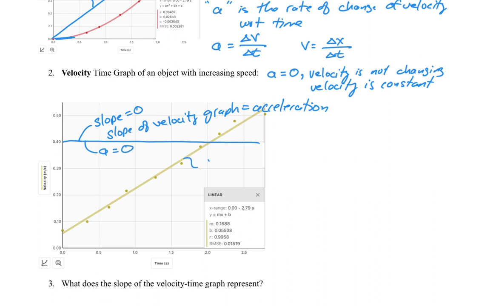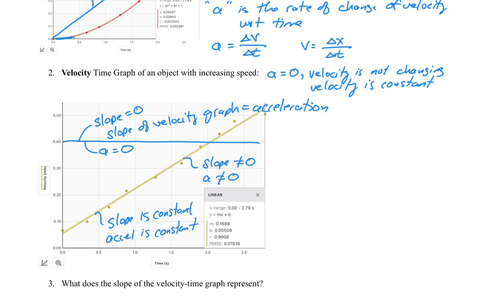Here we can see that the slope definitely is not 0. Therefore, the acceleration is not 0. And even though the acceleration is not 0, it's still constant because the slope is a constant number. That means the acceleration is constant.